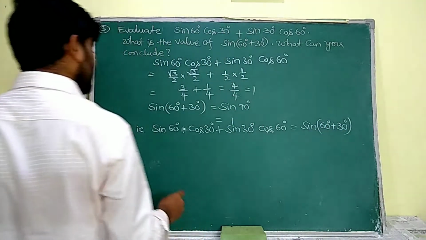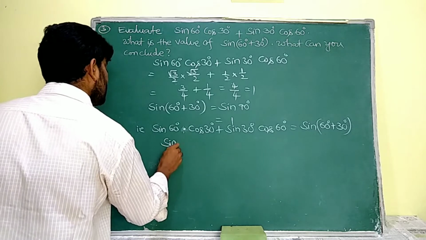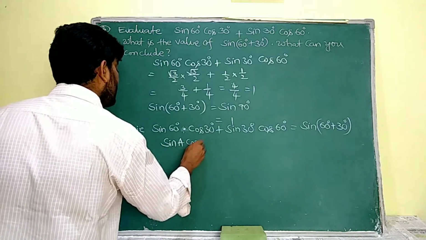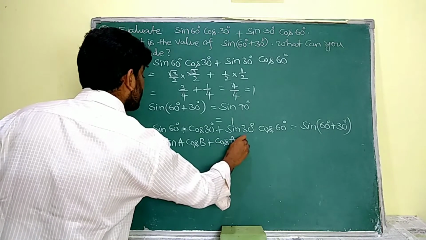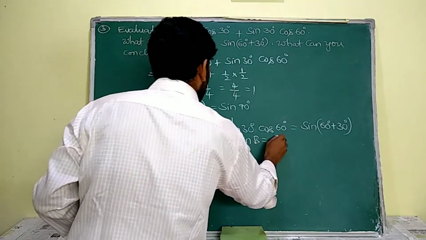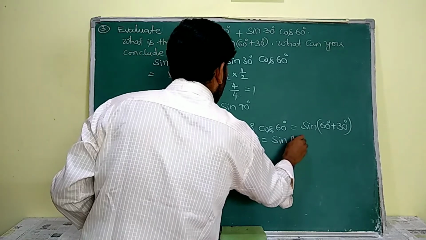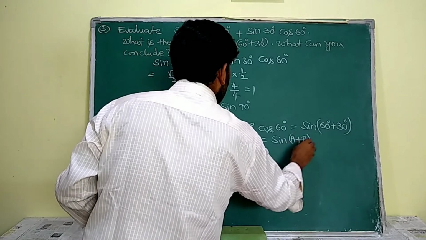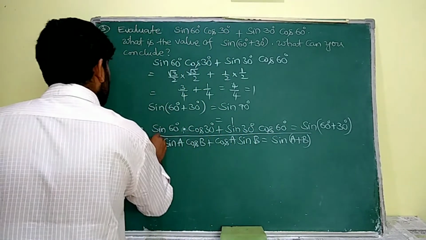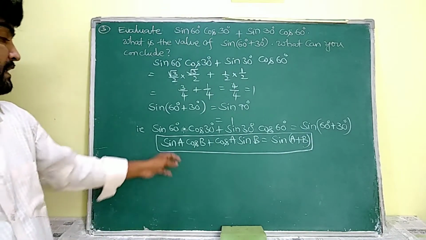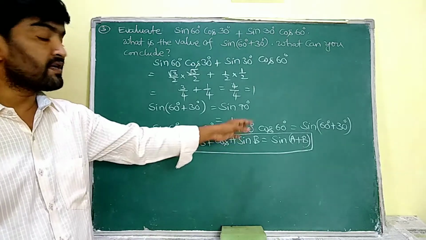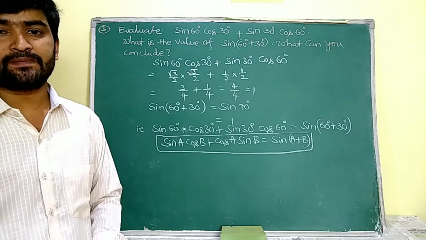Or it may be expressed as sin A cos B plus cos A sin B is equal to sin A plus B. This is a formula, you have to remember.